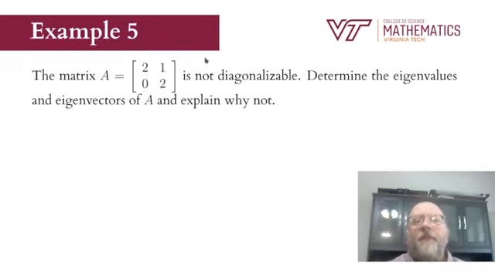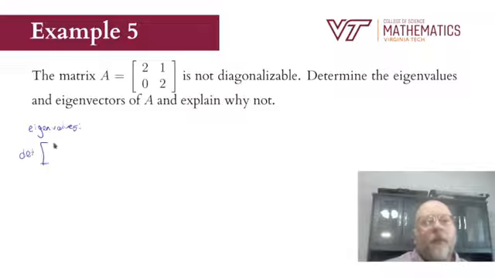Okay, so let's try this one here. This matrix is not diagonalizable. We're going to determine the eigenvalues and the eigenvectors of A and explain why not. So here's what's happening. If we go to the eigenvalues, we want to take the determinant of 2 minus lambda, 1, 0, and 2 minus lambda, and set that equal to 0.